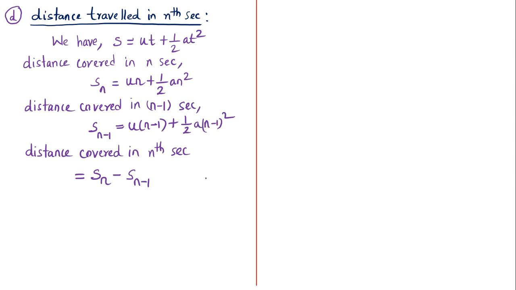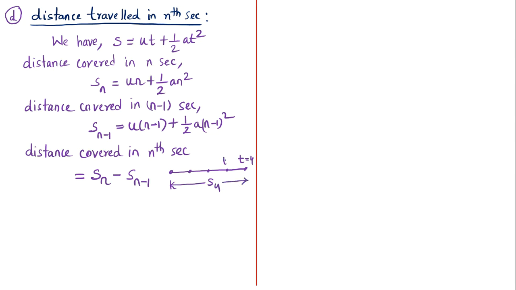Or let's consider this example. Let's consider this example. So this is my 0, 1, 2, 3, 4. At time t equal to 4 seconds, the distance covered will be S4.